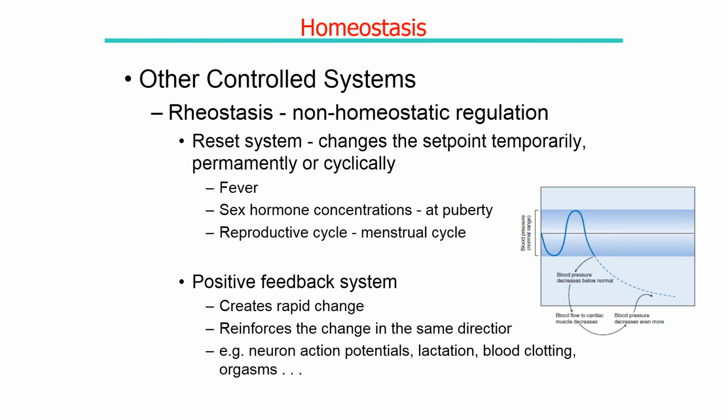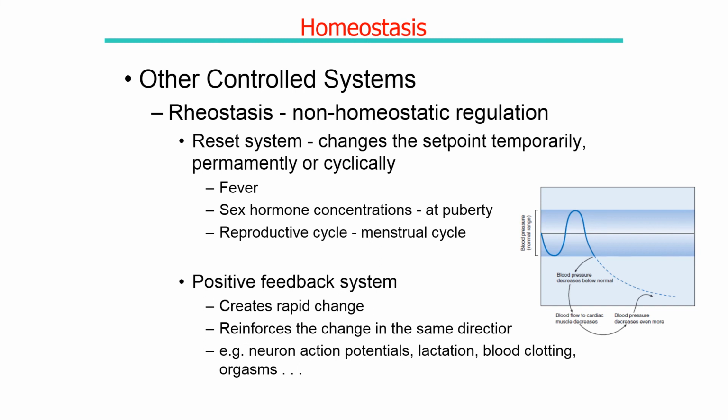If the temperature is more than the set point, that is, in normal condition 37 degrees centigrade, then the hypothalamus sends a signal to the blood vessels on the surface of the body to relax, to increase their diameter, so that more blood flows on the surface and heat emits out.